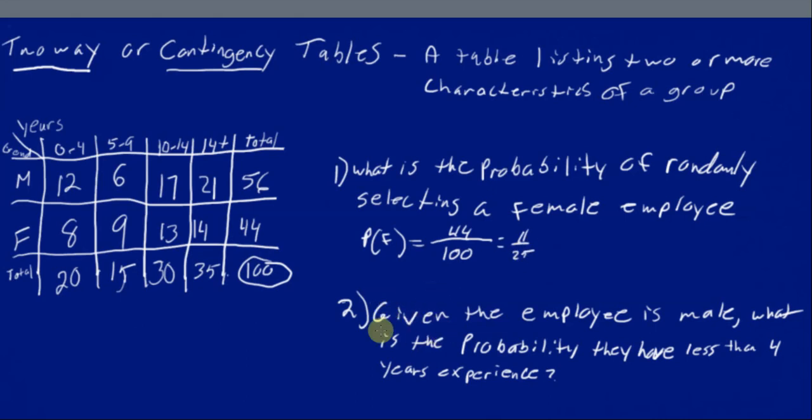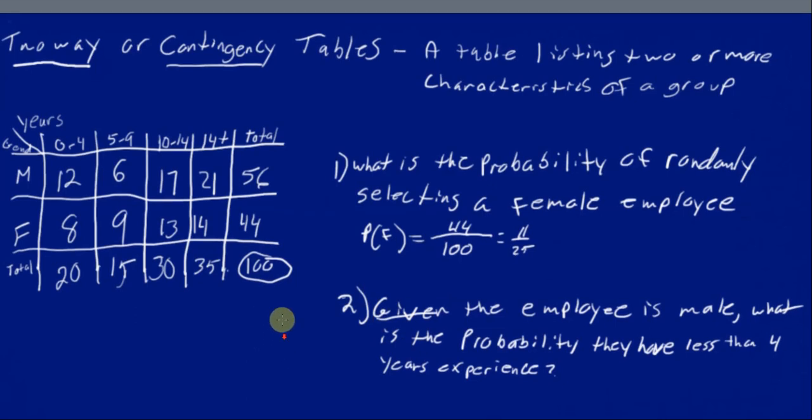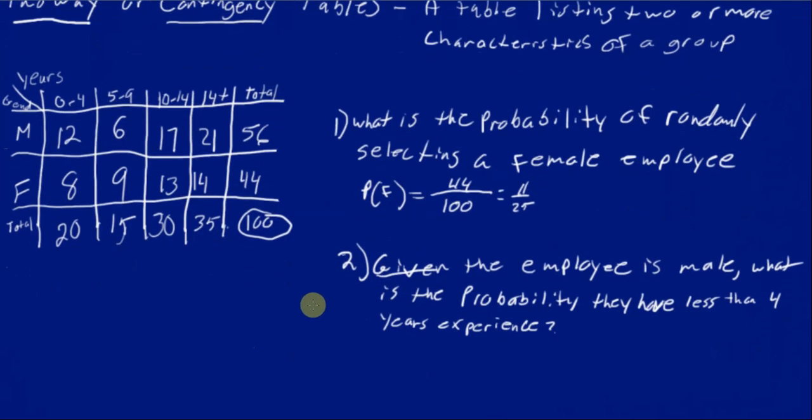Given, okay, so that's a condition. Given the employee is male, what is the probability they have less than 4 years experience? So I want the probability of less than 4, given we already know they're male. Now what is the total on the bottom?